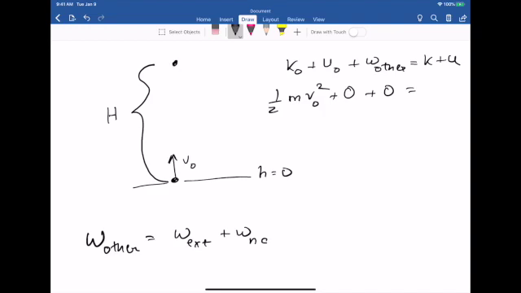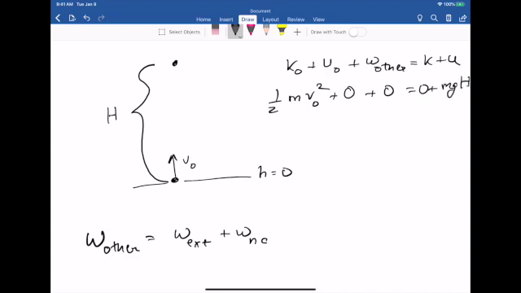Okay, now let's get to the top position. So at the top position, what is the kinetic energy? The object comes to a rest for a moment at the top position. So the kinetic energy is 0. What is the potential energy at the highest point? According to the formula for potential energy, it would just be mg capital H, right?